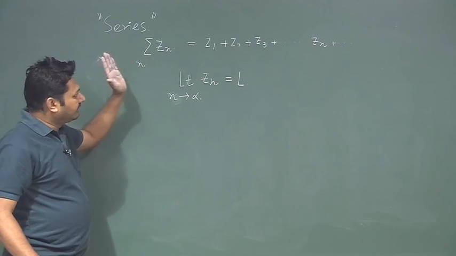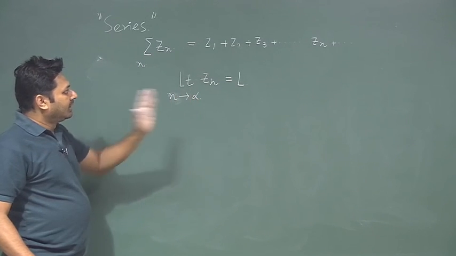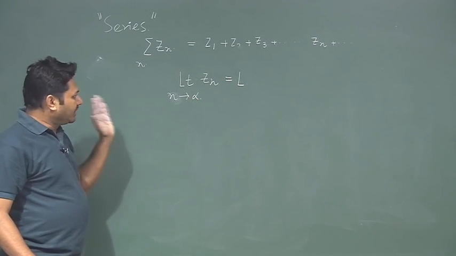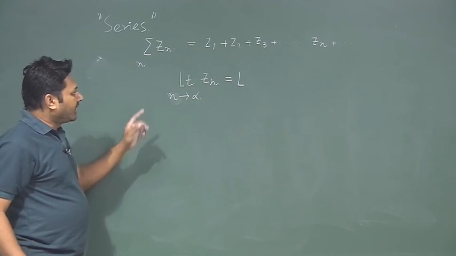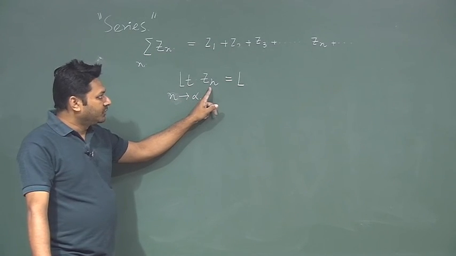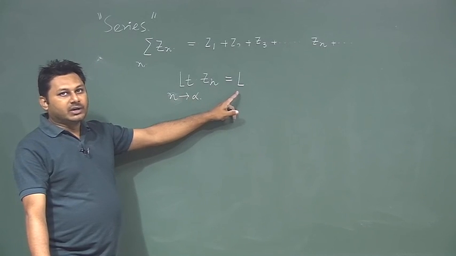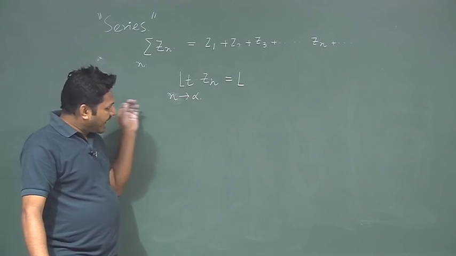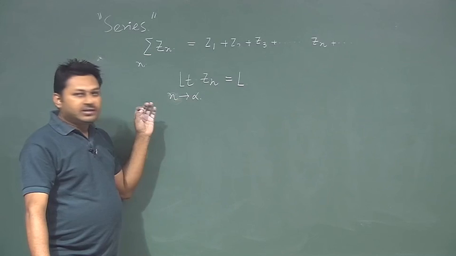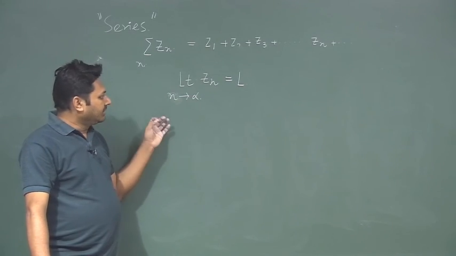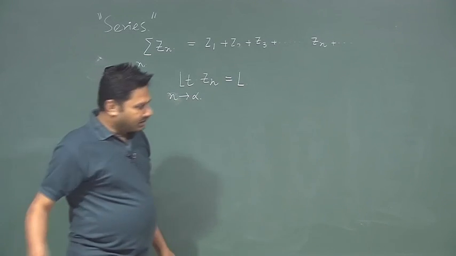That means I have different terms in my hand which I am adding, and I try to find the nth term. If as n tends to infinity it goes to some finite value, then we call this convergence.